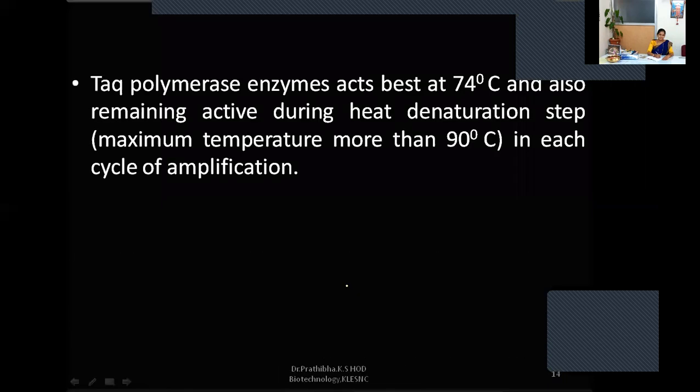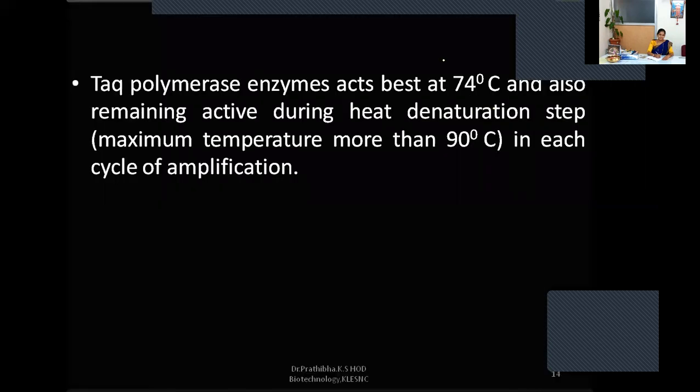The Taq DNA polymerase acts best at 72 or 74 degrees Celsius, and also remains active during the heat denaturation step, at a maximum temperature of more than 90 degrees Celsius, such as 94 or 97 degrees Celsius.